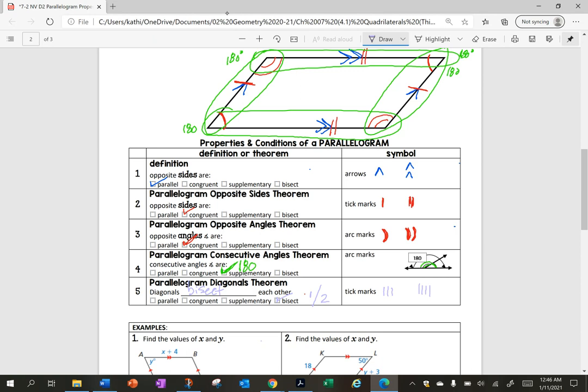So this diagonal, from one non-consecutive vertex to another, bisects this diagonal. So these two segments are congruent, and these two segments are congruent.